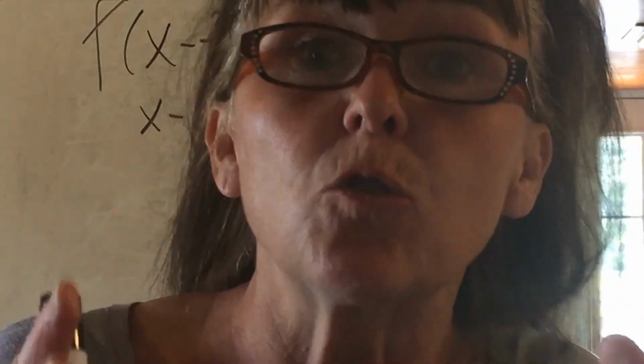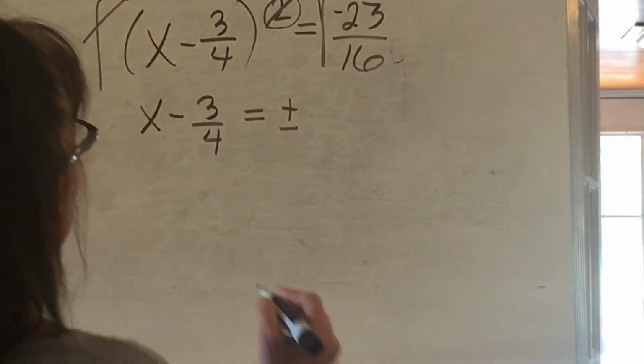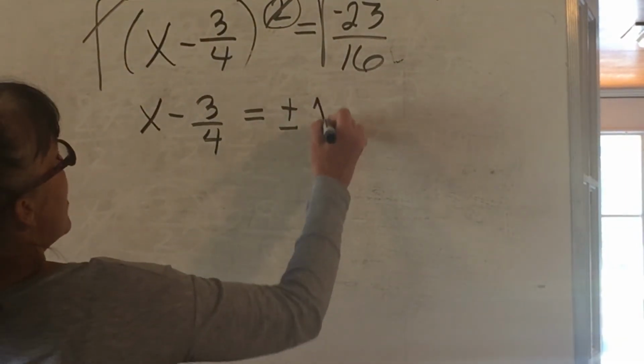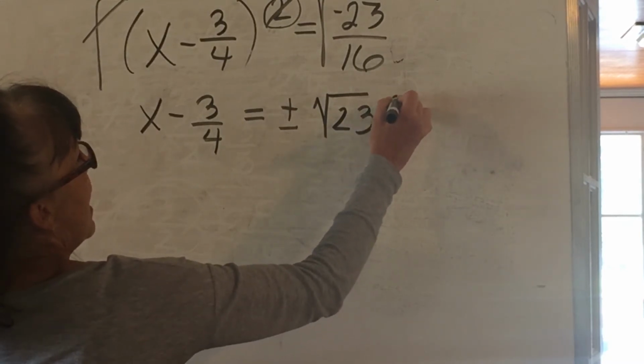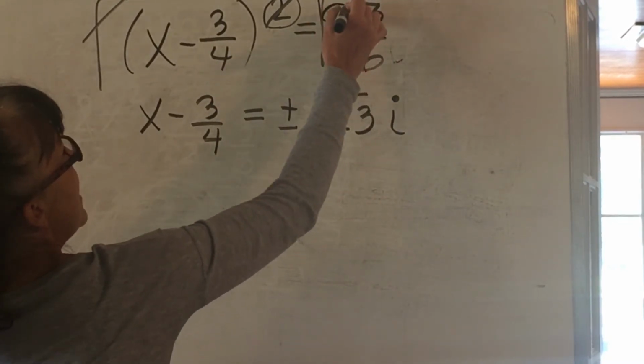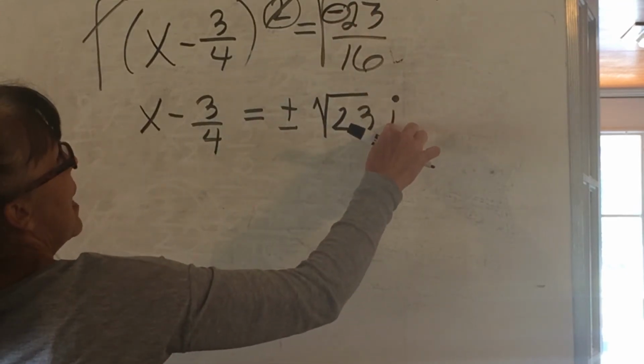You would try to factor tree it, but it's prime. What does that mean? Only has 2 factors, 1 times 23. So you're going to have to leave the 23 as a 23. So it's going to look like this. Square root of 23, and then there's my i. Lose the negative when you add on the i.